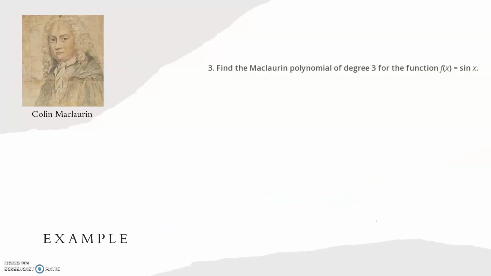All right. Last example has a new term in it, Maclaurin. If you see Maclaurin polynomial, that means it's centered at 0. I don't know why Maclaurin gets to have his own name on Taylor polynomials that are centered just at 0, but he does, so that's how it's going to work. We want a third degree, so we need to start with f of x equals sine.